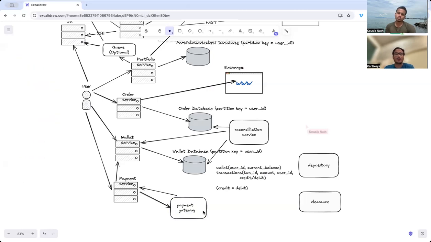One method is that the payment gateway will try again after some time, and these retries can be of exponential backoff kind, where the second retry maybe you make after 1 minute, and then the third will be made after maybe 2 minutes, and the fourth will be made after 4 minutes. So exponentially, the delay keeps increasing.